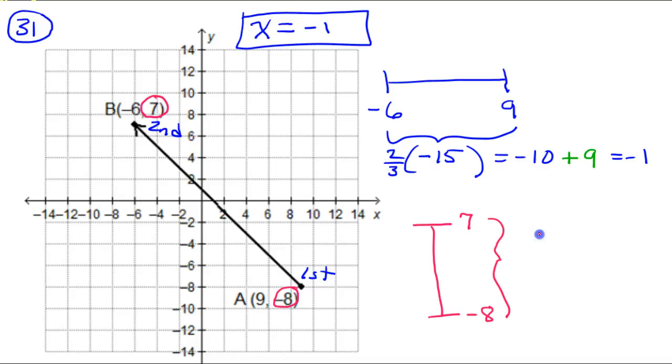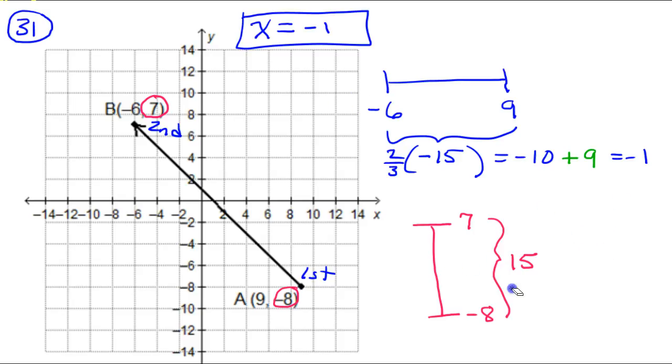So again, remember what we do is we do the second number minus the first number. So I have to do the 7 minus the -8. Not the other way around. It's got to be the second minus the first. 7 minus -8 is the same thing as 7 plus 8. So that is 15. Positive 15 this time.